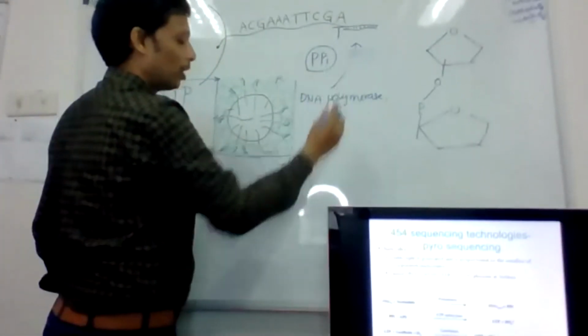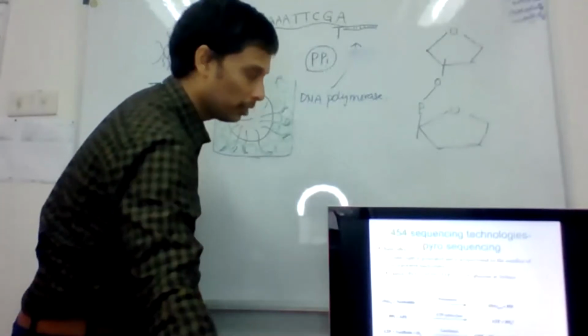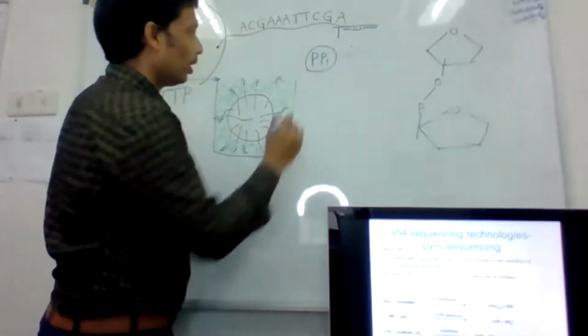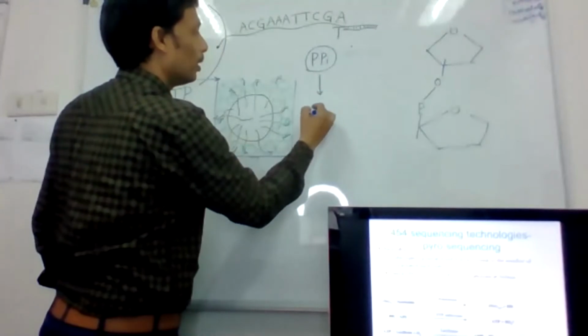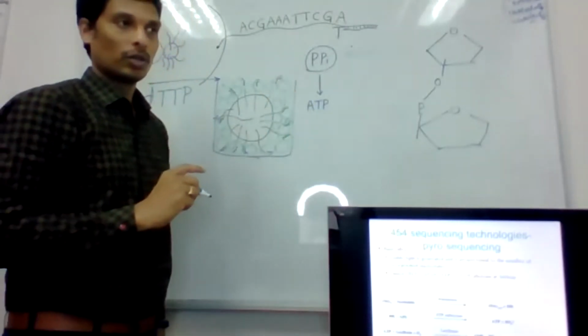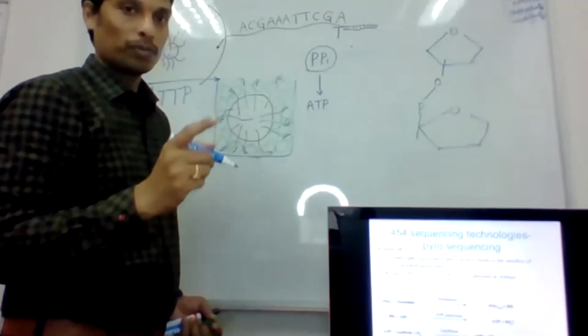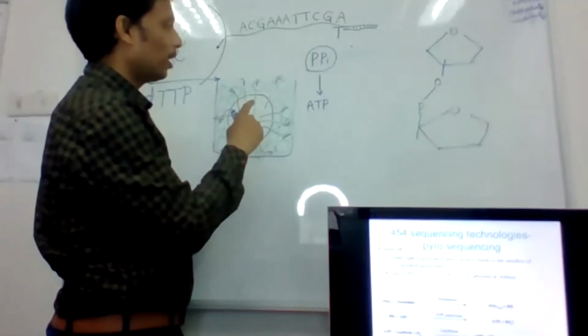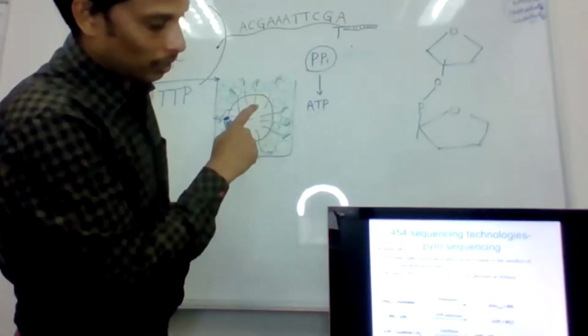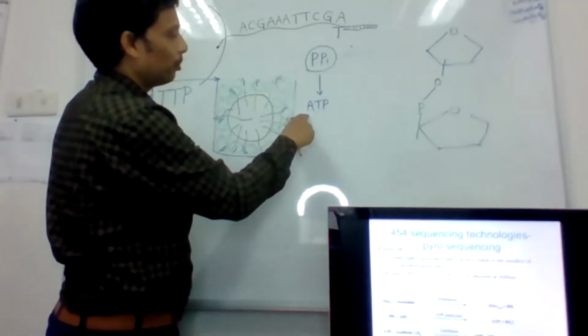This pyrophosphate will combine and give ATP in the second reaction: APS plus PPi in the presence of ATP sulfurylase gives ATP.